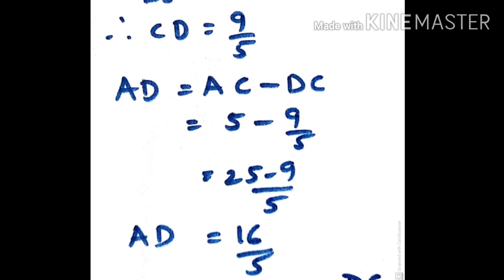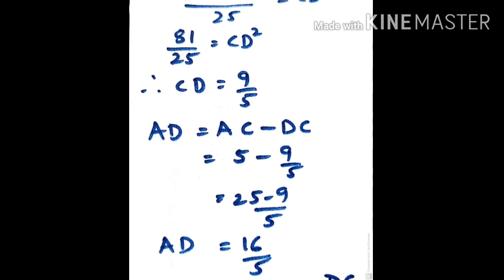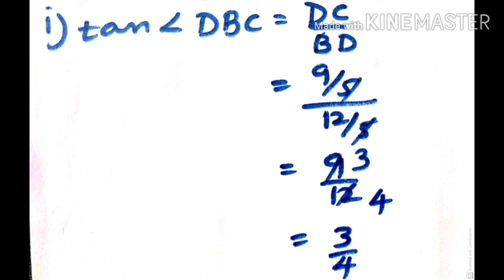So now, at last, first we find the tangent of angle DBC. Tangent of angle DBC, you check, tangent means opposite upon adjacent. So according to angle DBC, we have opposite, that is CD, and adjacent BD.